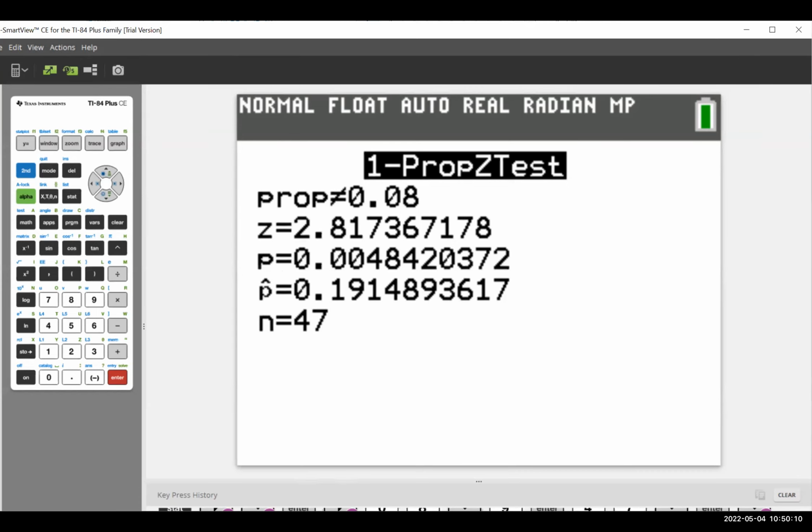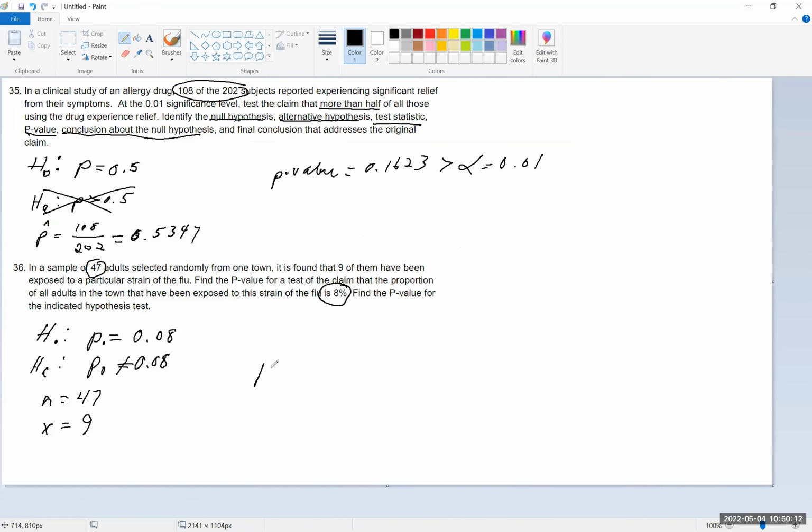So our p-value is 0.00484, and that's all they ask us to report. They don't ask us to do any interpretation. So these are two problems involving hypothesis testing of a proportion.